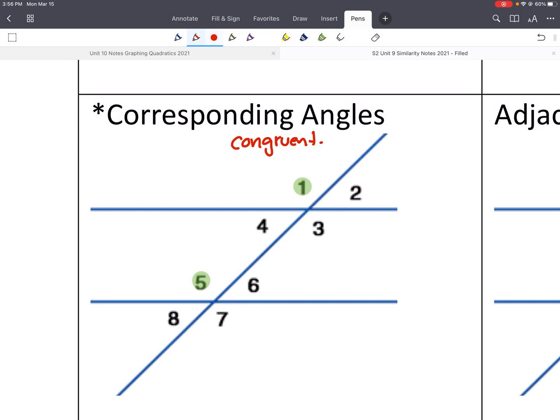So corresponding angles are congruent angles. 3 and 7 are corresponding angles. 2 and 6 are corresponding angles, and 4 and 8 are also corresponding angles. And it kind of makes sense, right? If they're parallel and they're cut through the same angle, these two have got to be the same.